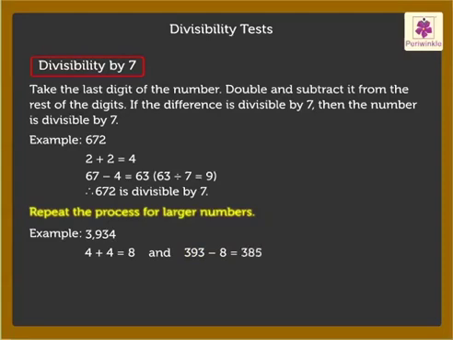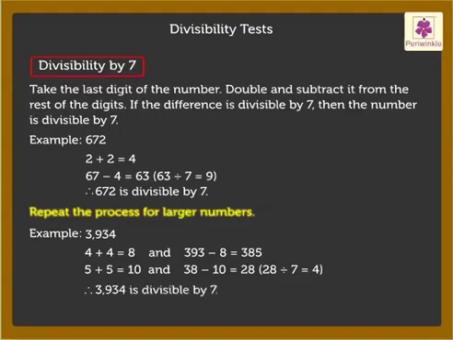Now again, double 5 to get 10 and subtract it from 38, which is equal to 28. We know that 28 is divisible by 7. So, the number 3,934 is divisible by 7.